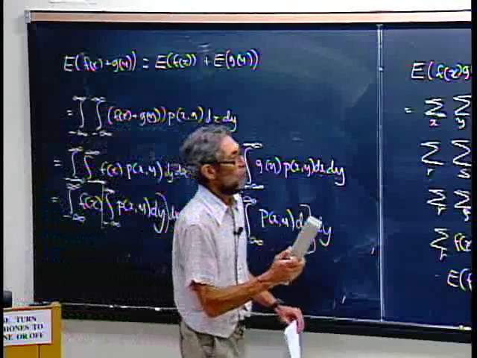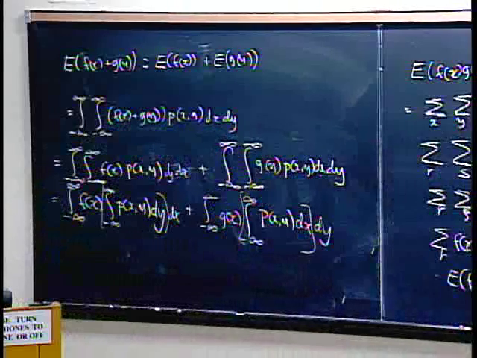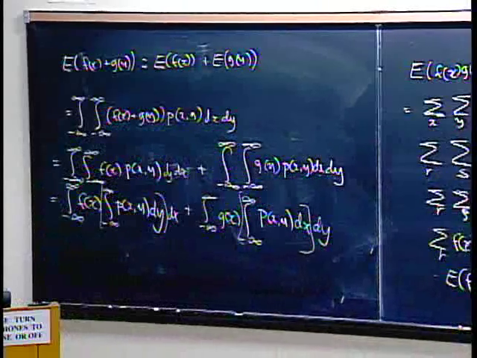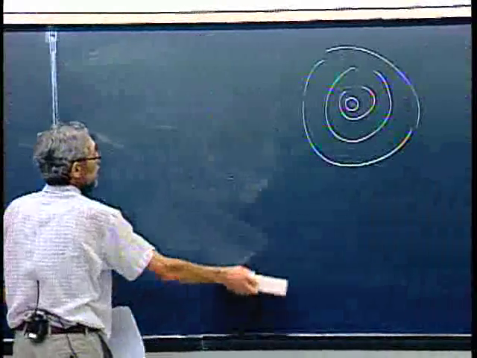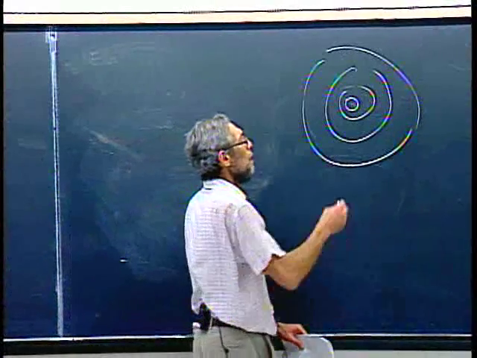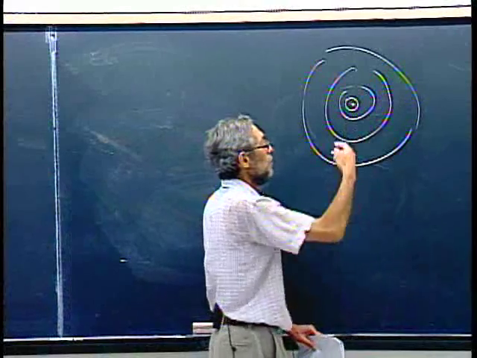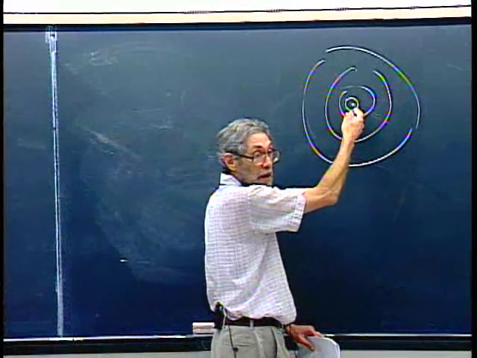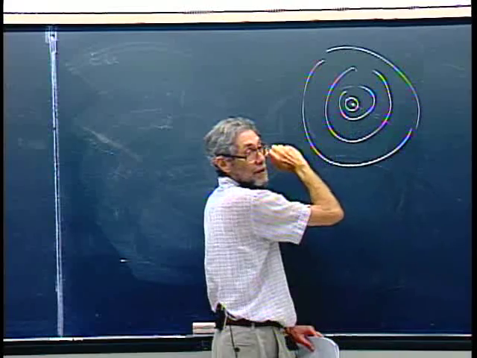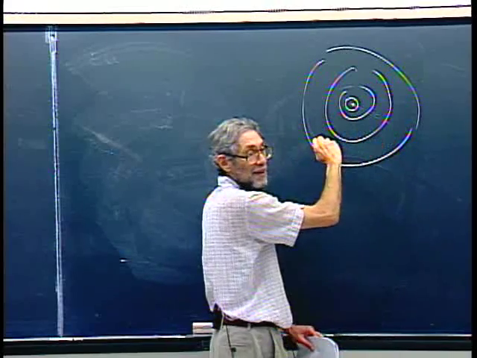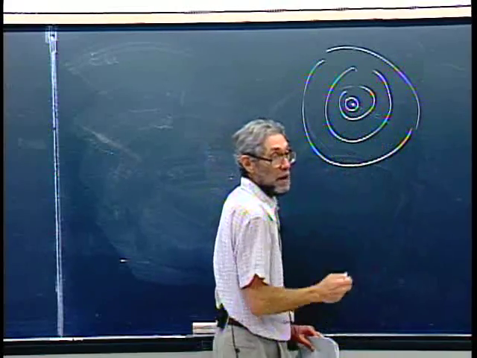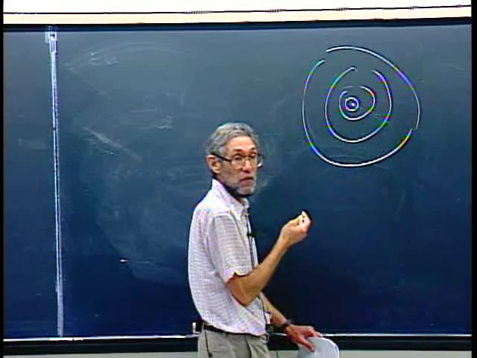So let me go over to my dartboard example, where suppose you had a probability for a dartboard. The probability really depends only on the distance from the center, but some people might tend to the right more than to the left, or they may be more accurate in the horizontal dimension than the vertical dimension.